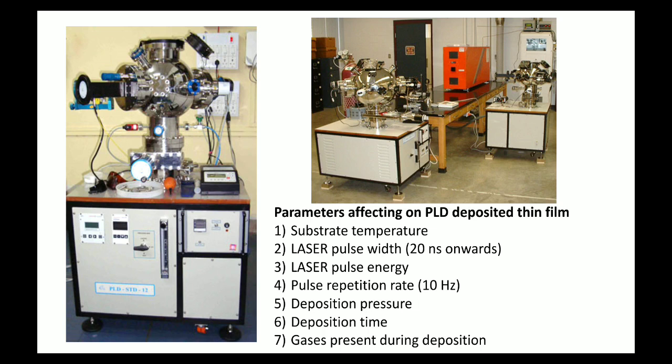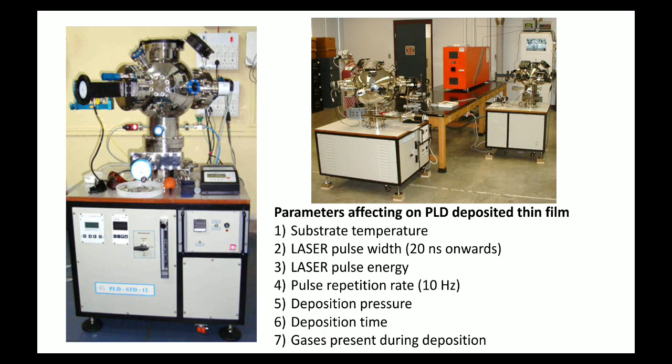Number 5 is the deposition pressure. Of course we have to use a vacuum here. The vacuum is required for physical vapor deposition techniques, because there is some distance from the target to the substrate, and we need a very high mean free path for our target materials.